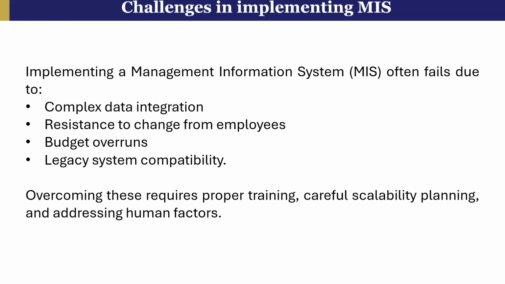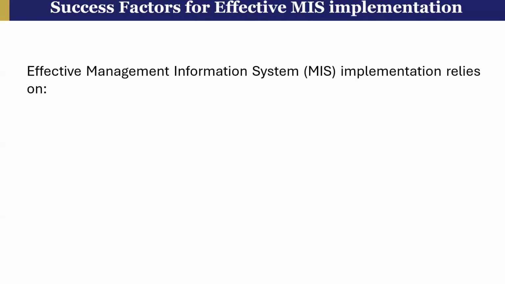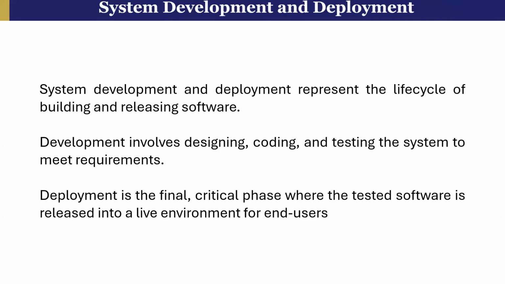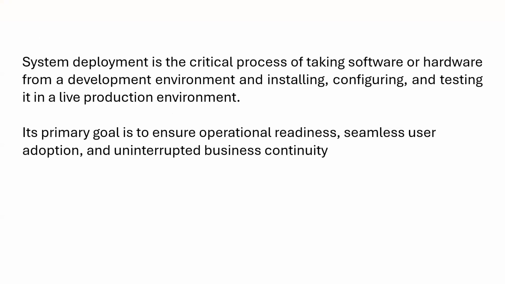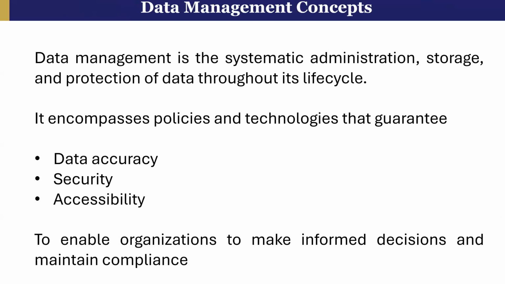Okay. So what was that we looked at? Yes, implementation strategies. We've looked at challenges of MIS implementation. We've looked at success factors that help effective implementation of MIS. We looked at the deployment and development factors that ensure successful implementation.